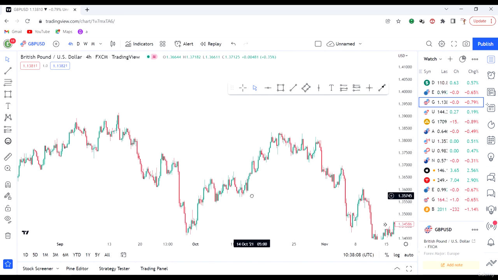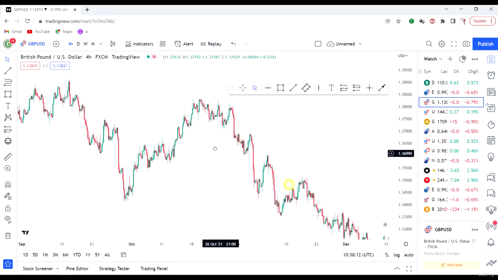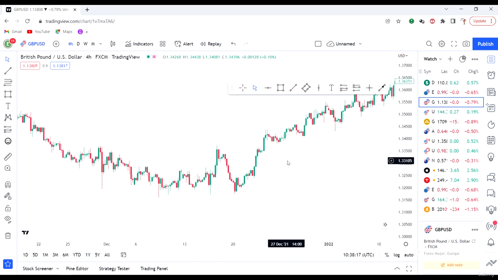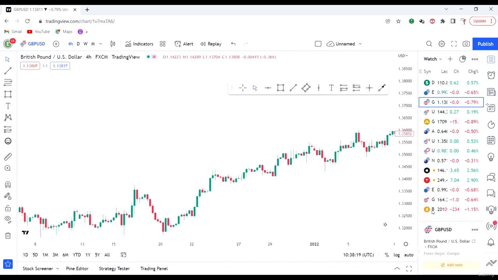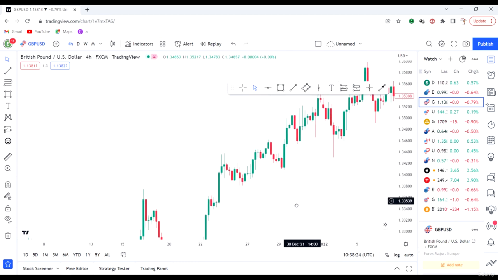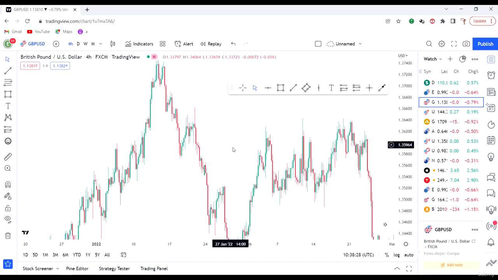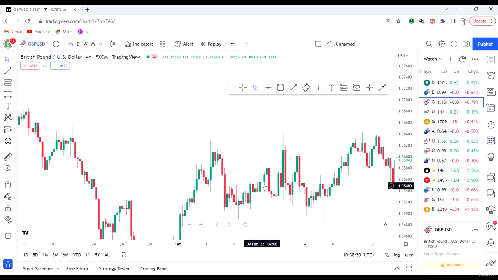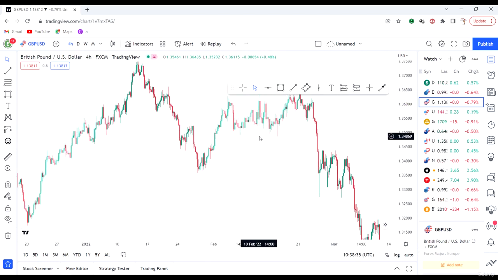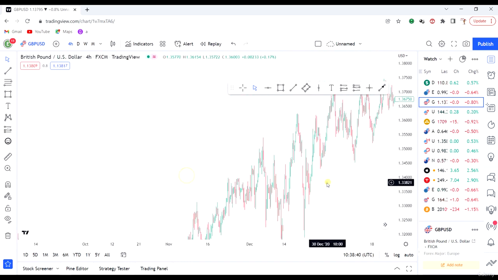Okay, I can't see much examples here. Really, I can't find much examples here, but when we look into many other charts and different time frames, I'm very sure we're going to see a lot of examples.